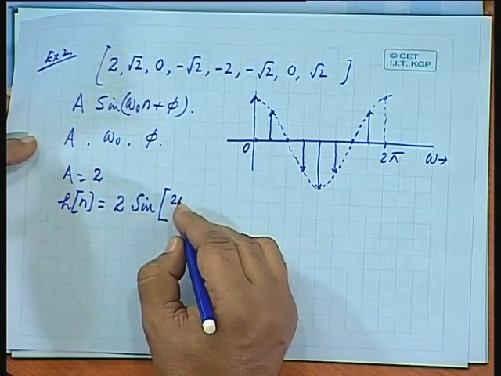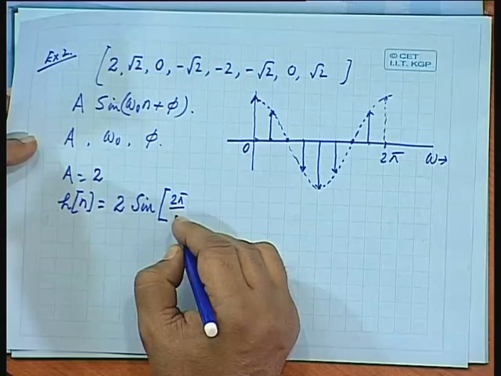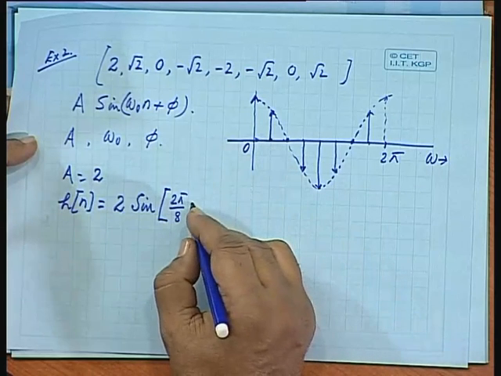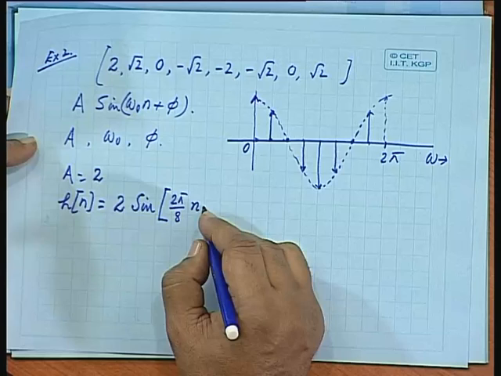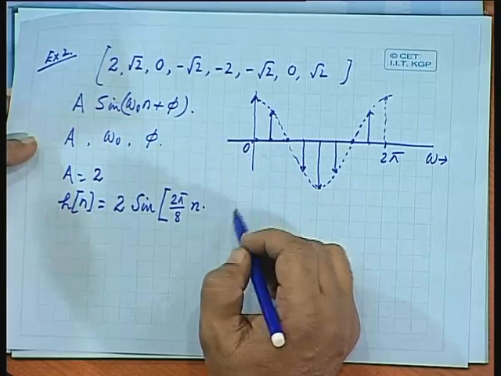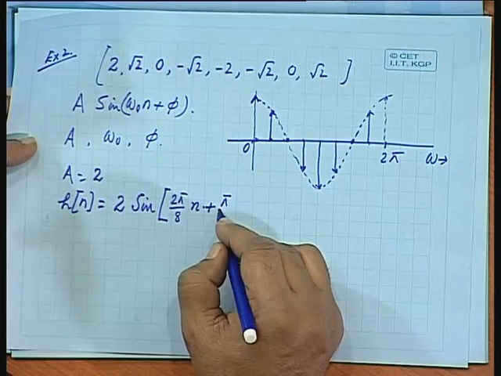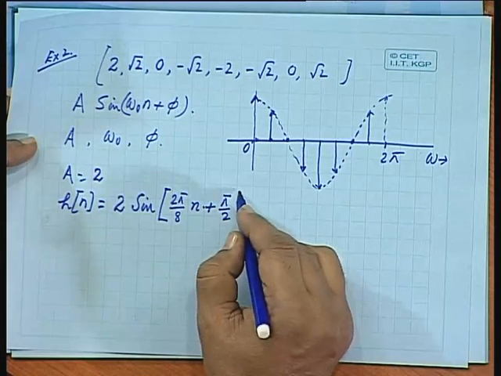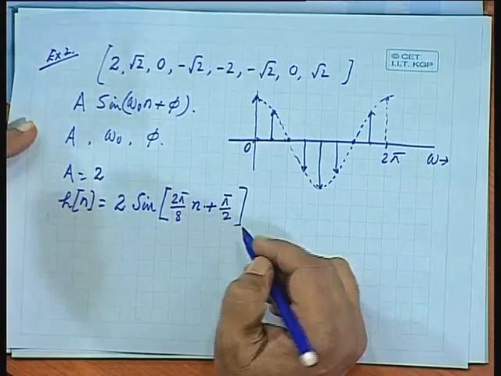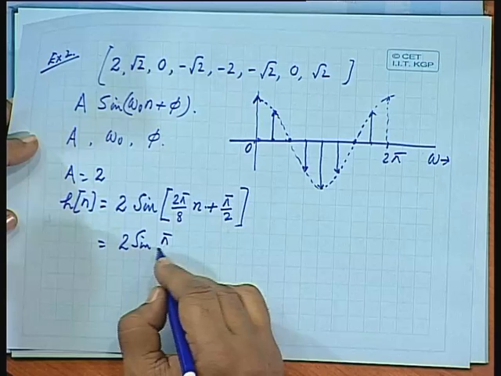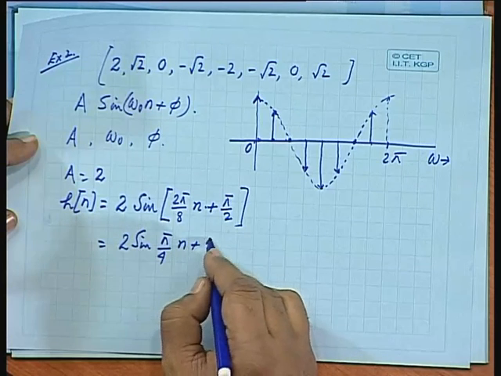So, 2 pi by 8. This is 45 degrees, 90 degrees. So, 2 pi by 8 n, all right. And how much is the phase shift? Plus pi by 2. Is that all right? So, it will be 2 sin(pi by 4 n plus pi by 2).